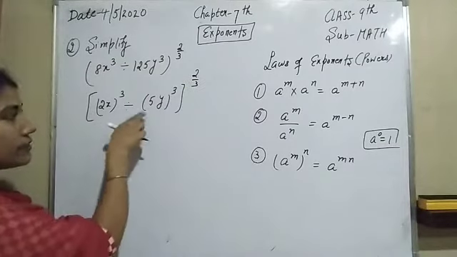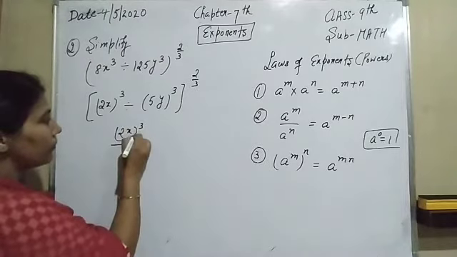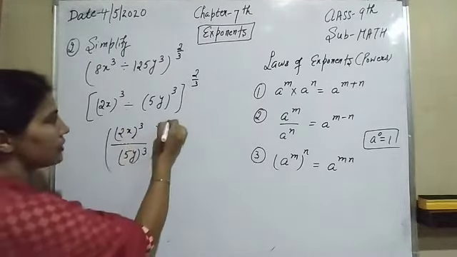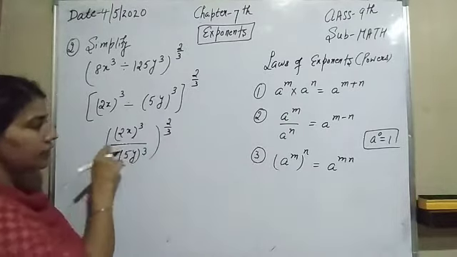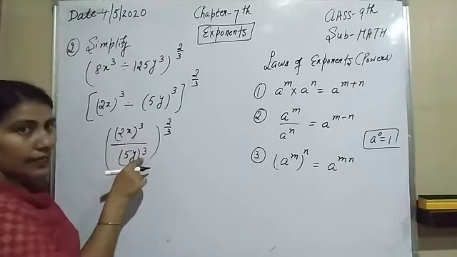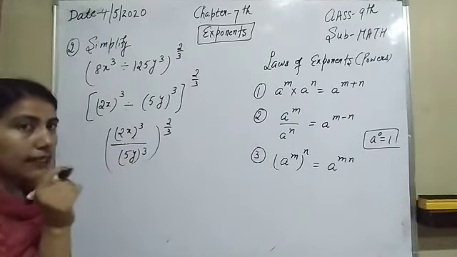Now look here, it is in the form of division, so we can write it as 2x cube over 5y cube, and its whole power is 2 by 3, because in division we can write it in this form. Now both the powers are the same. Whenever the powers are the same, we can convert it into a single power.